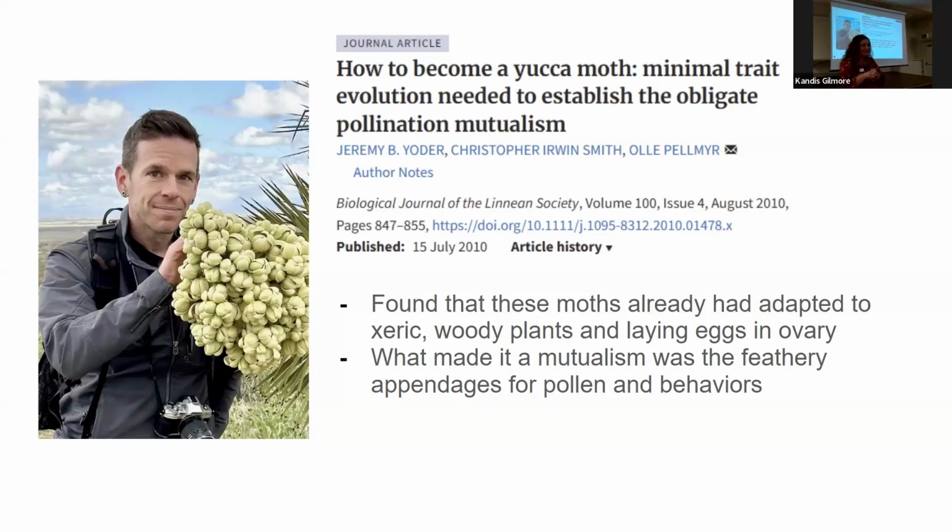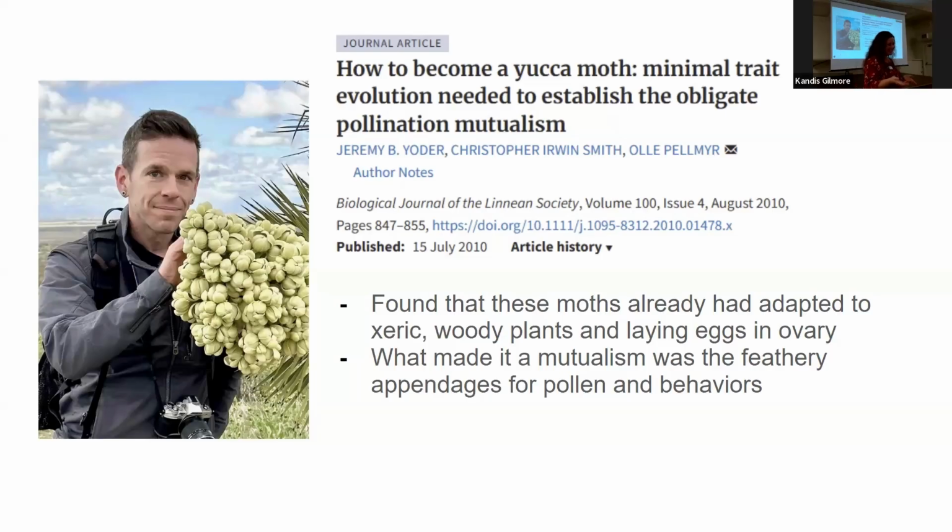He did a bunch of analysis of the phylogenies and the traits, and he found that this group of moths had already adapted to living in dry environments, living with woody plants and laying eggs in the ovary. And he found that the traits that made it a mutualism were the feathery appendages for pollen and the behaviors of scooping the pollen and laying the eggs.